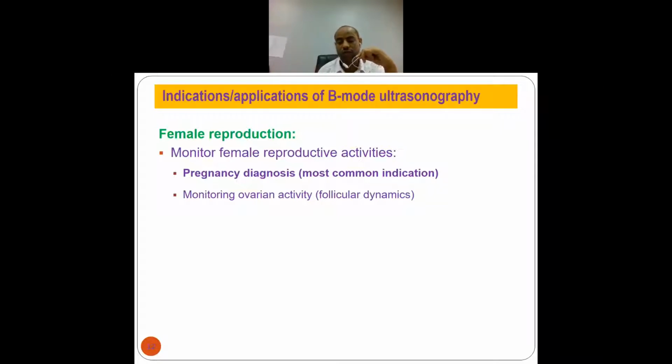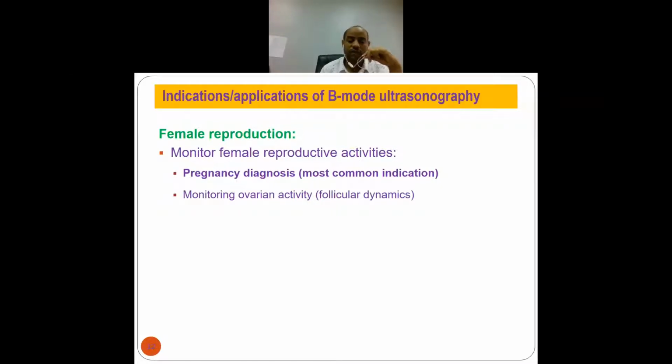In this case, our focus is reproduction, but generally the application of ultrasound is not limited to reproduction. It can also be applied to various body systems, such as the cardiovascular system or the GIT, the gastrointestinal system, so the visceral organs of the body.